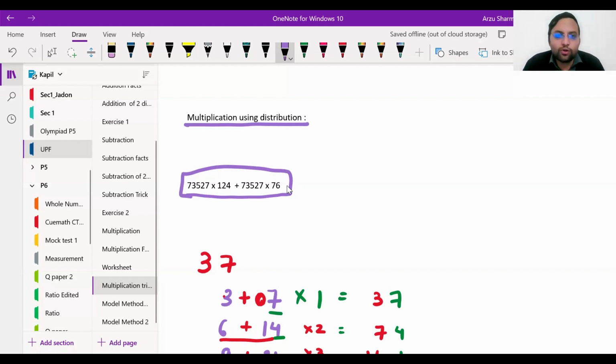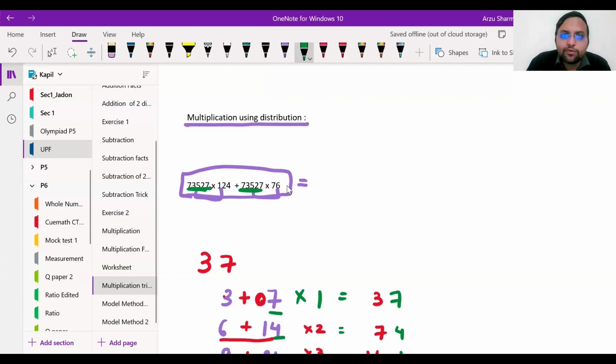So one way is to, of course, multiply these two first, and then these two, and finally add the product. But that will take a lot of time. But if we look at the question carefully, we can see that this is common here in both the products.